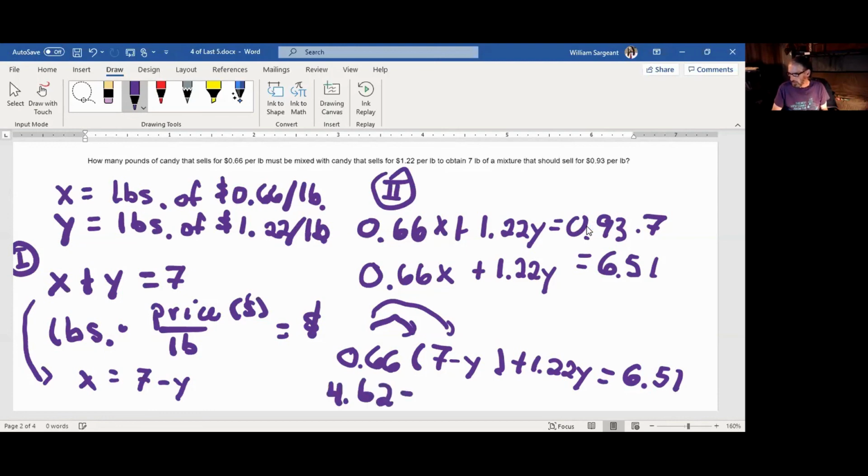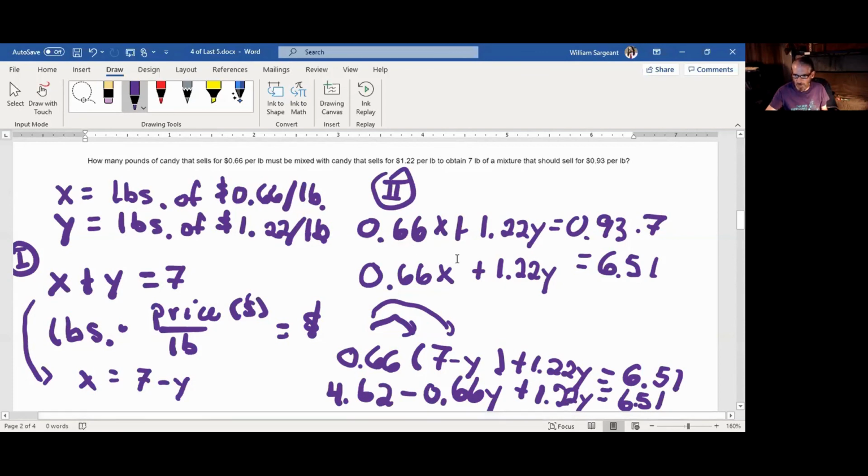Don't forget to distribute to the y term as well. So that's two things so far. Don't forget, when you do price per pound times number of pounds, to get the number of dollars you'll have, you need to do that in 3 places here, then also distributing.